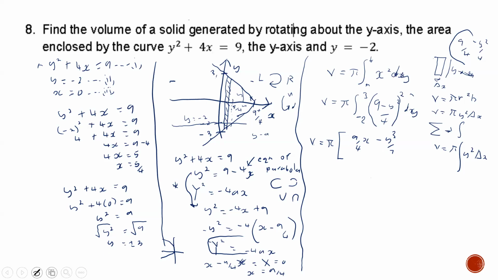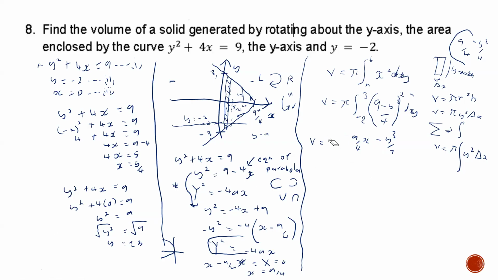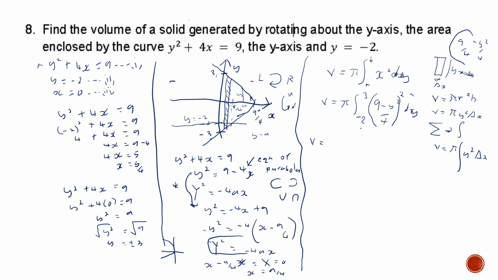Okay, so let me also erase this. I'm saying it's a bit bulky now, but we can find a way of simplifying this. So this entire thing is squared. Okay. So this is pi integral from -2 to 3 of 9 minus y squared, squared over 16 dy.